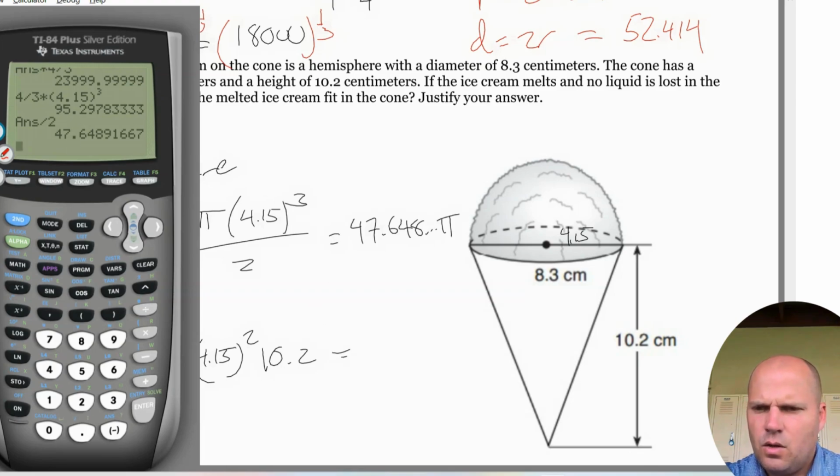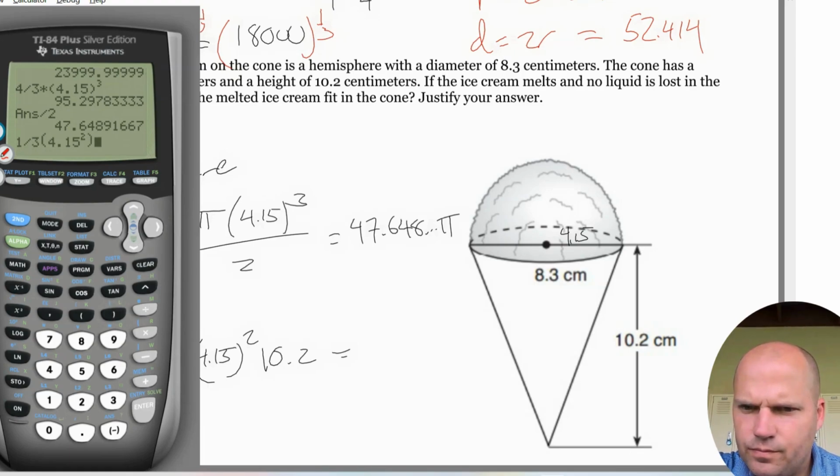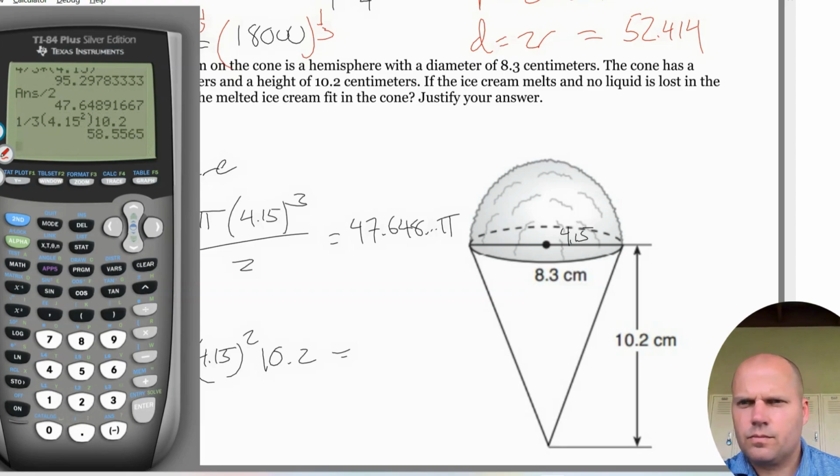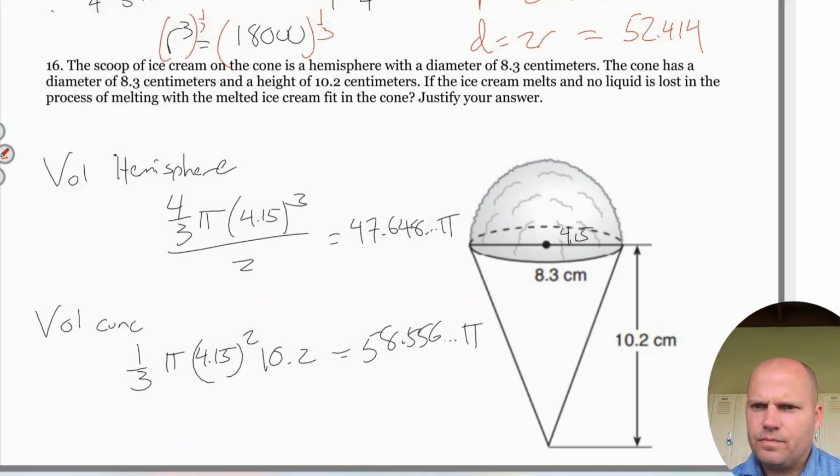And then 1/3 pi r squared times h is 58.556 pi. The cone's bigger, therefore the ice cream will fit.